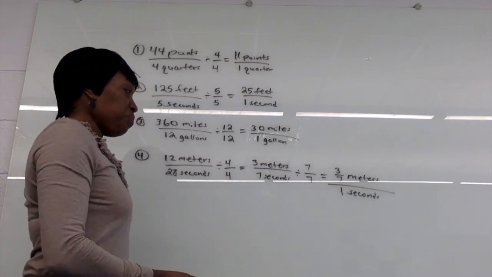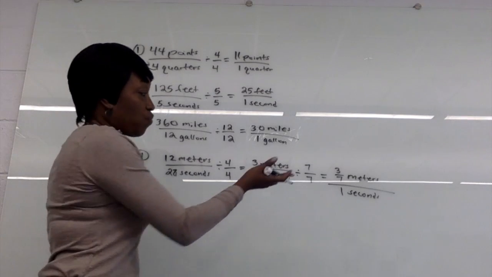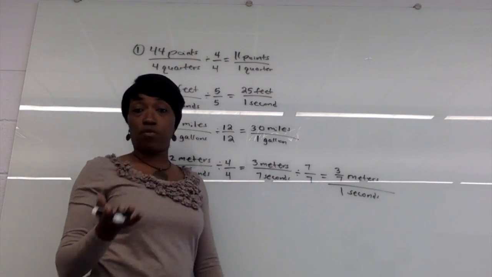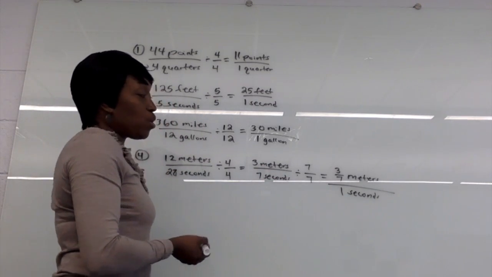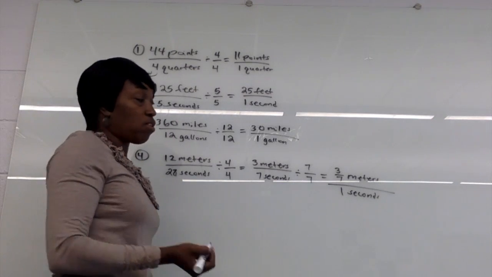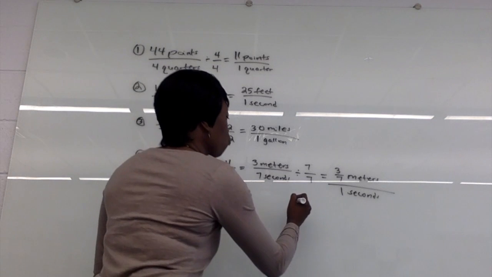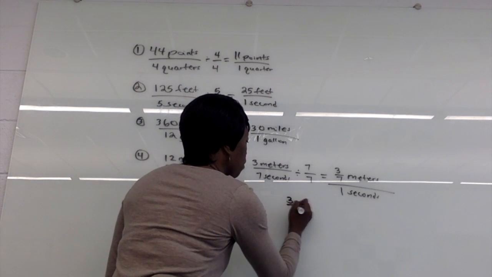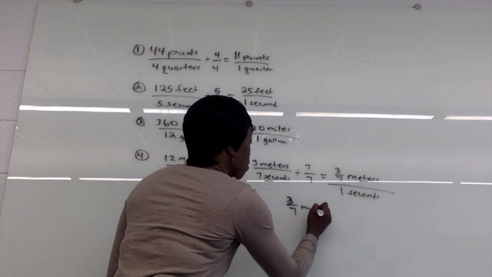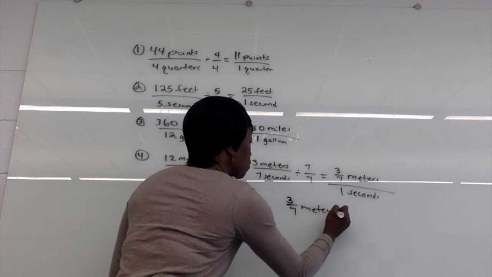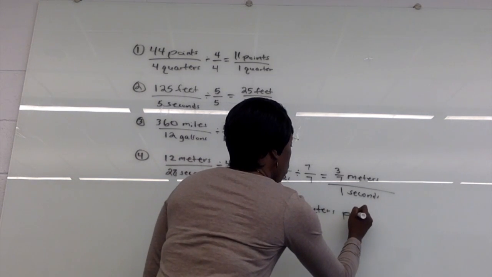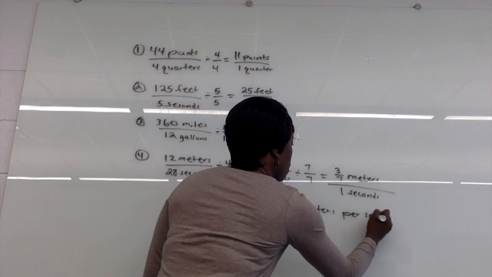Now, we cannot write fractions in this form, a fraction within a fraction. So what we must do is rewrite this so that it makes more sense. So we're simply going to rewrite it in this form, 3/7 meters per second.